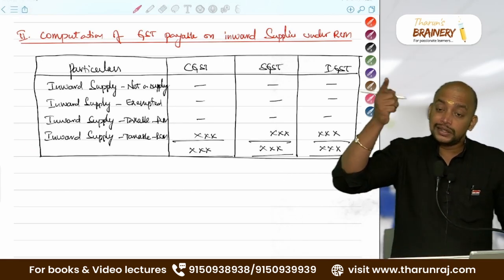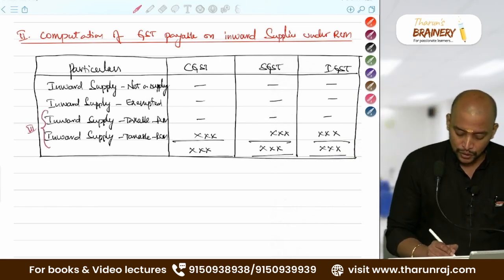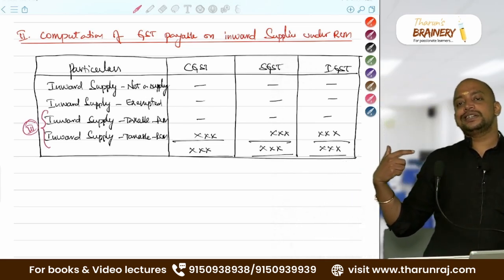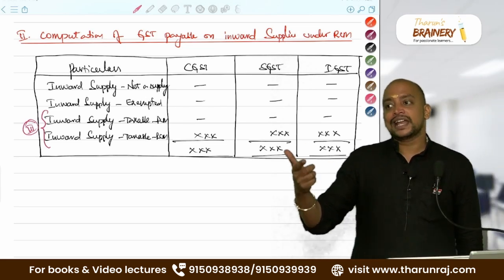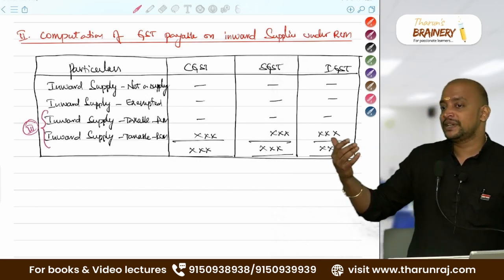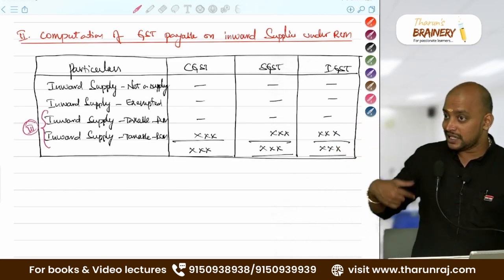to the third statement, ITC, because whenever we pay GST under FCM, we can take it as ITC. Whatever GST we paid under RCM can also be taken as ITC. So these two will travel to the third statement.